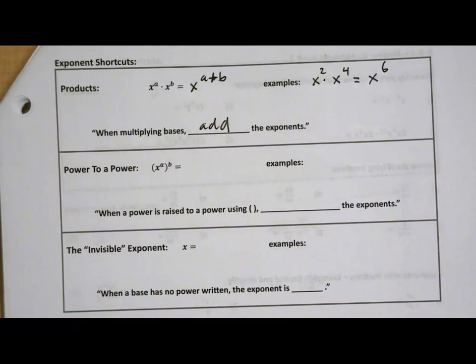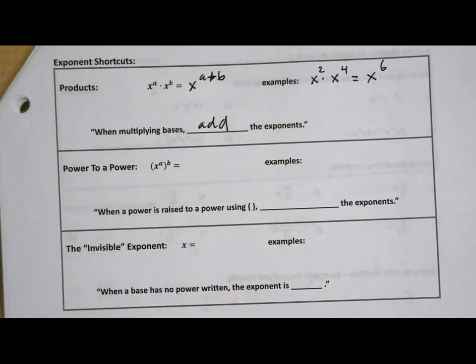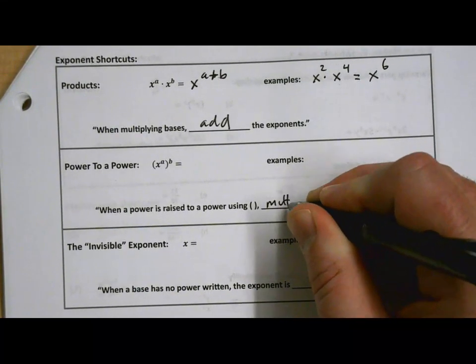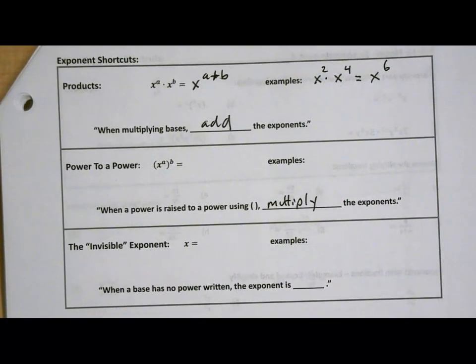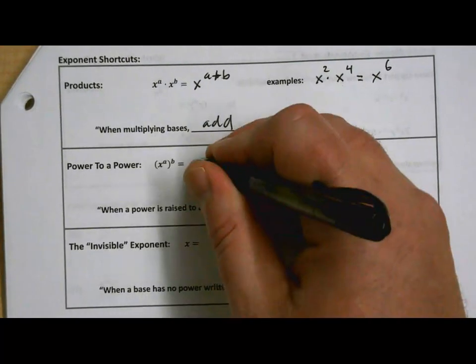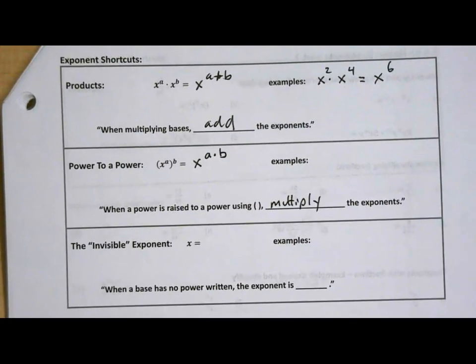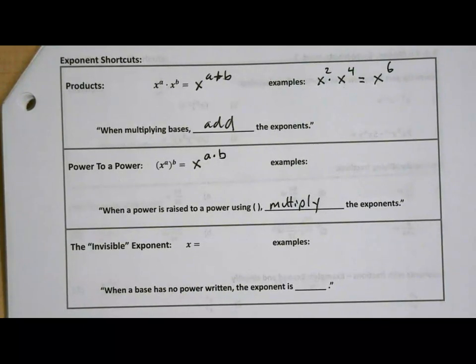Now, if there's a parentheses with the power on the inside and outside, that's our power to a power situation. In this case, we don't add, we multiply. So if it was A and B, we would do A times B. Should we use that 2 and 4 again?